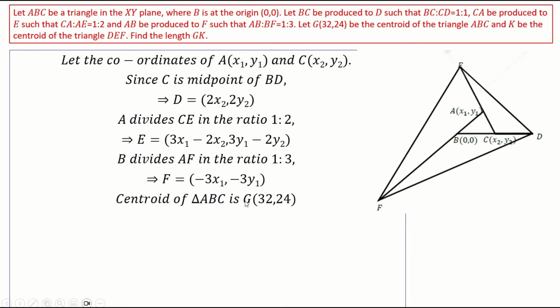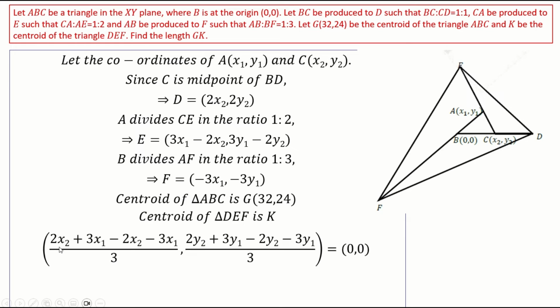The centroid of ABC is 32, 24. The centroid of DEF is K. So you can easily replace it. K is nothing but 2x2 plus 3x1 minus 2x2 minus 3x1, by 3. And the y coordinate is 2y2 plus 3y1 minus 2y2 minus 3y1, by 3.